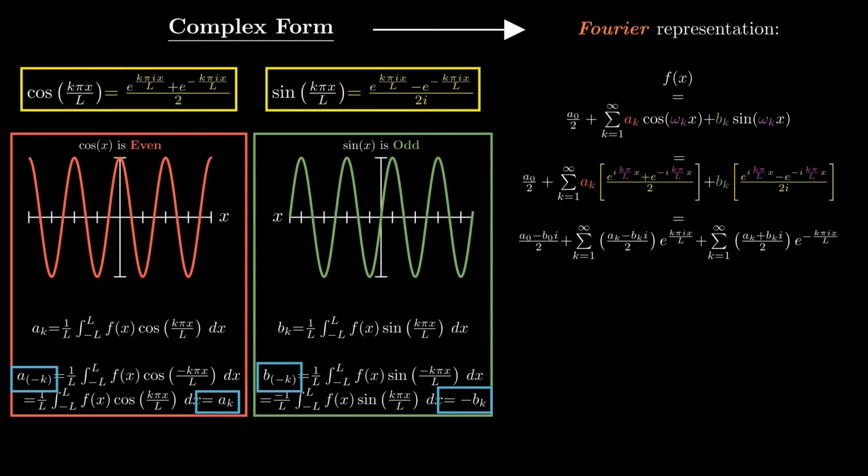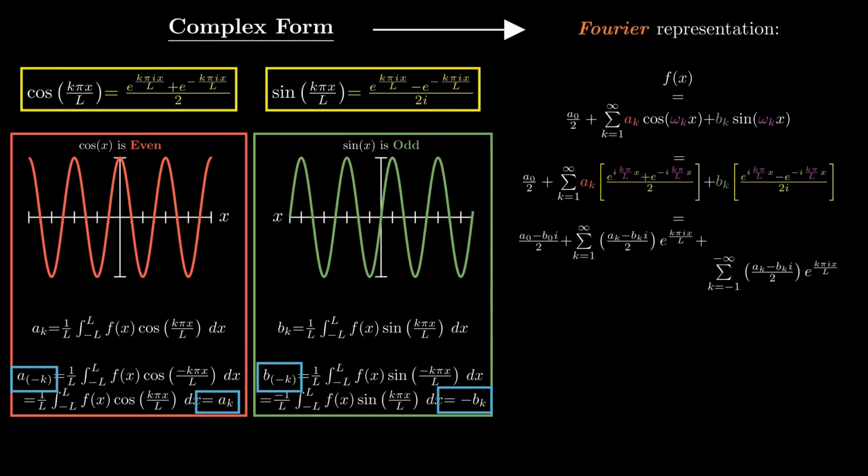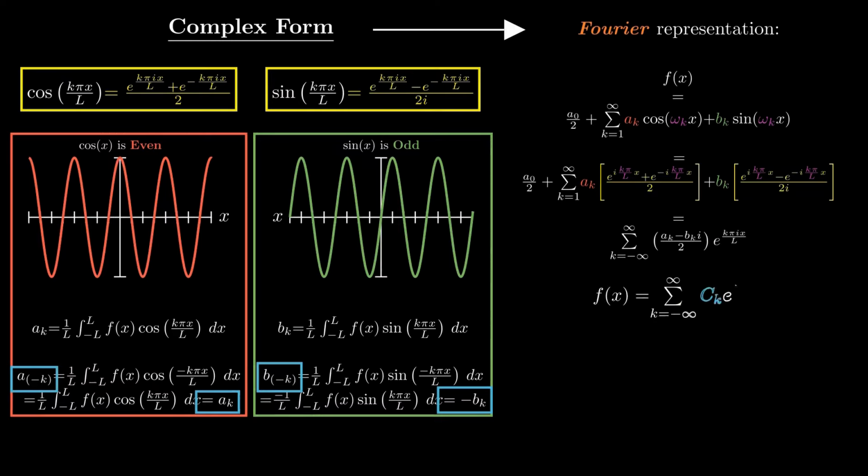Using this result on the second summation here, we can attain a summation with index from -1 to -infinity. Combining them all, we get the Fourier series in complex form.